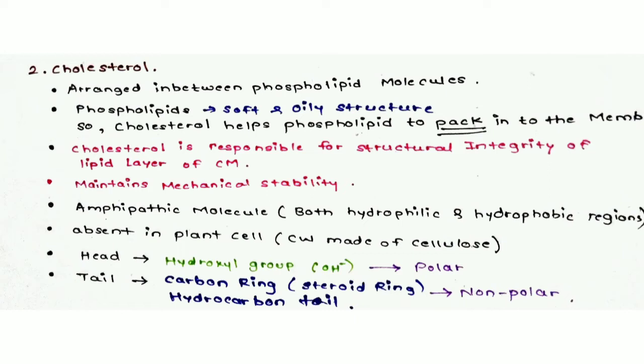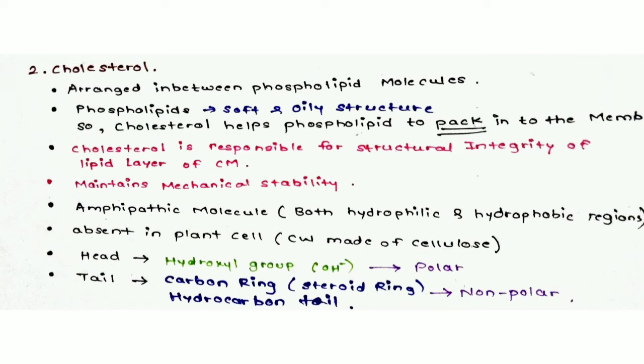The tail region is the carbon ring or steroid ring, which is non-polar, as well as a hydrocarbon chain in the tail region, which is also non-polar, making the tail region water hating. One more important point regarding cholesterol is that it is absent in plant cells because the cell wall of plants is made up of cellulose. In the next slide, we will study the structure of cholesterol, how it looks.